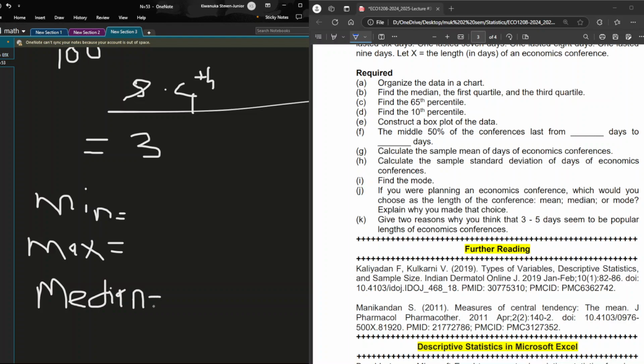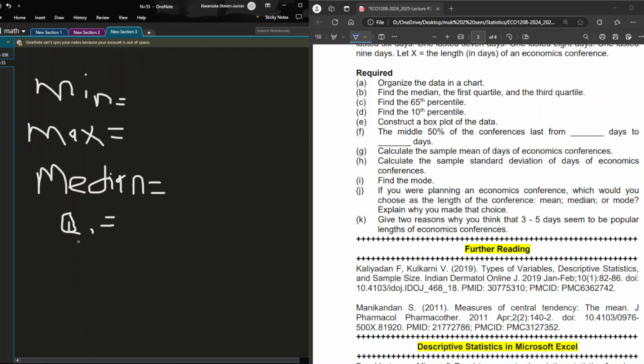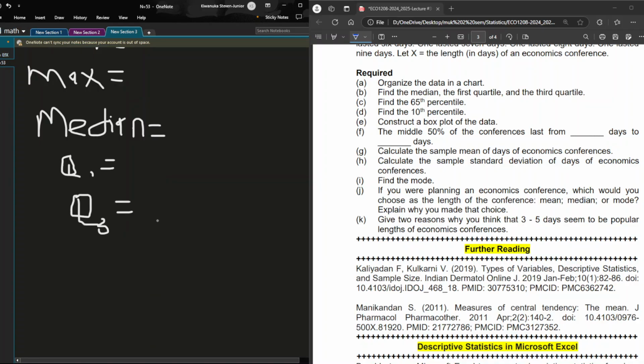Then Q1 and Q3. Once we have this, we are able to do our box plot.